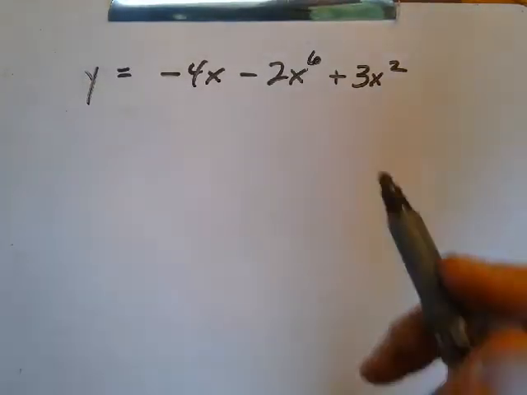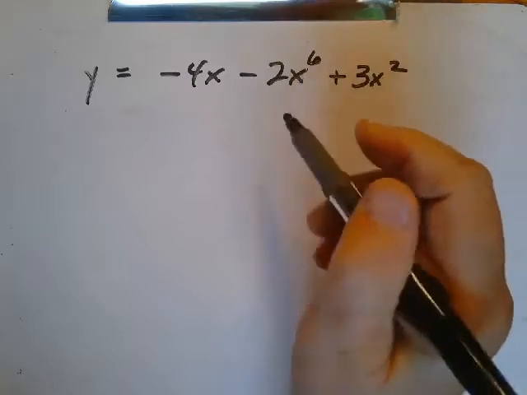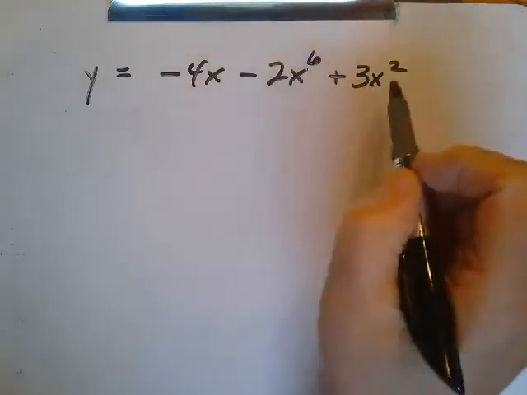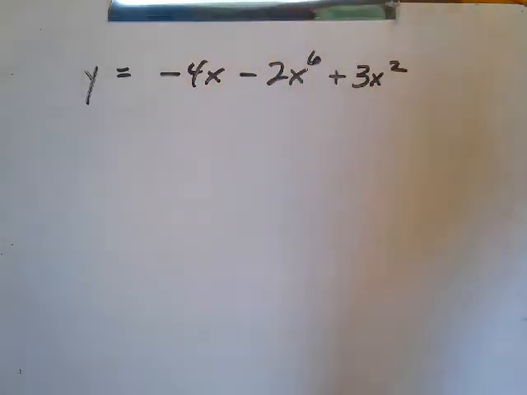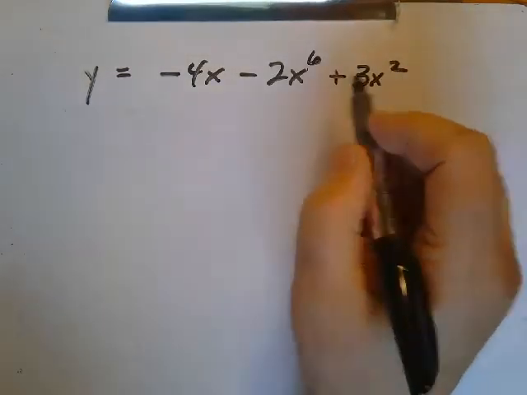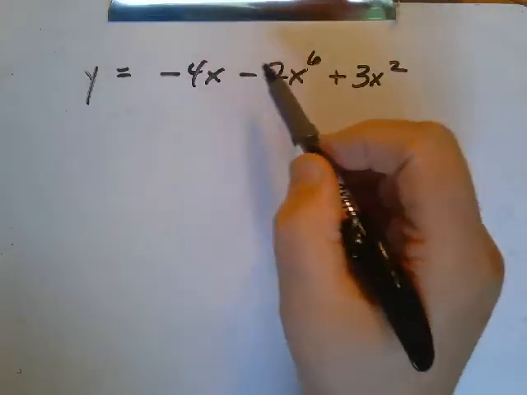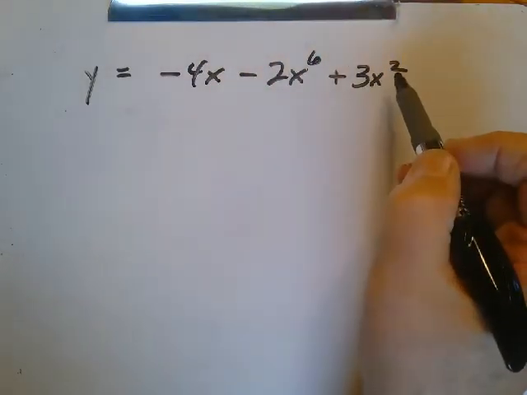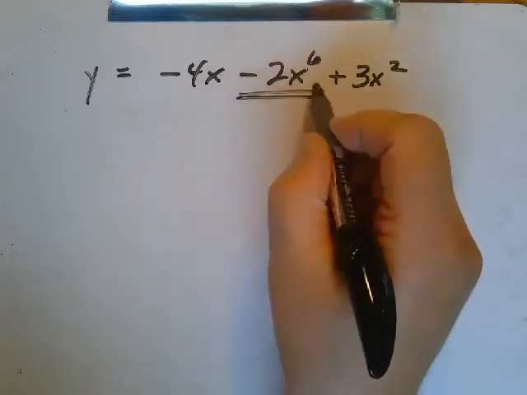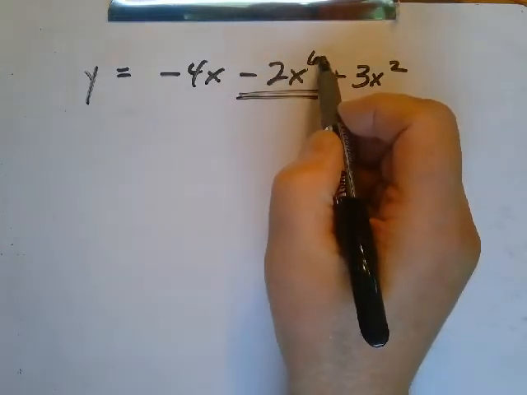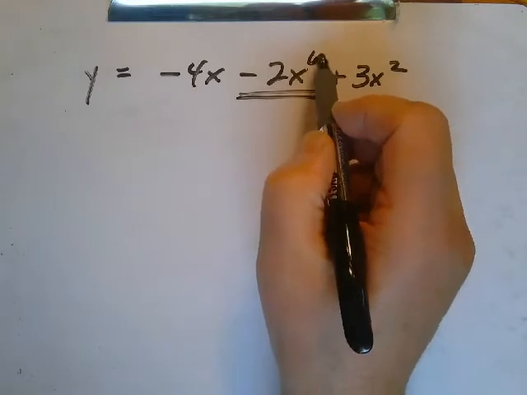All right. One thing I need to mention here, we didn't talk about it, is that they may not be giving these to you in descending order. Usually we write them in descending order, but they may not give them to you in descending order. So which of these is really the leading term? Well, it has to be this one, because the exponent is the biggest exponent.